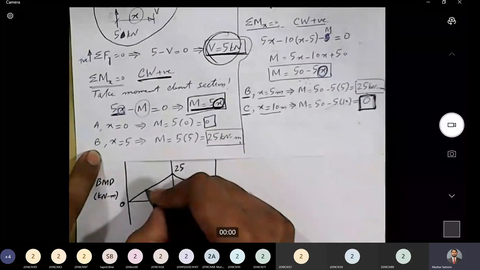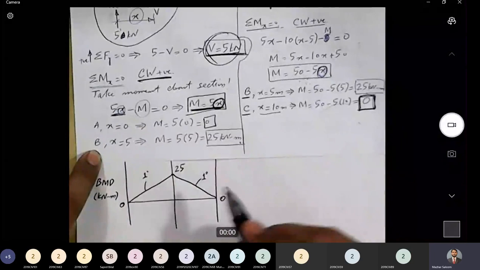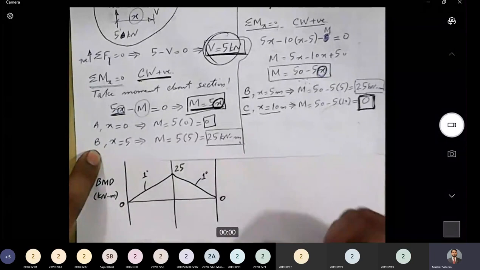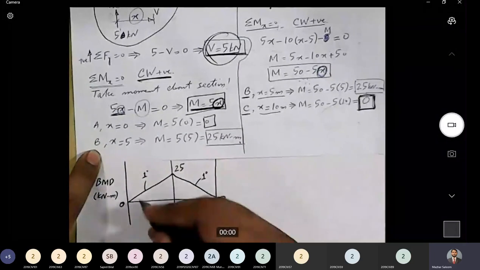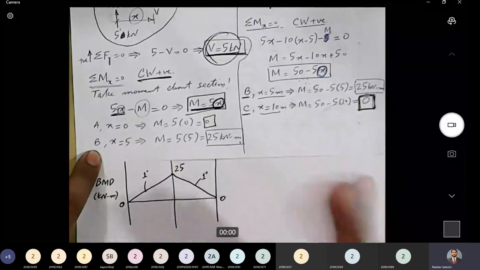So this line is first degree. Similarly, this line is first degree. With straight lines, you do not need to write down the degree. I've just written it for clarity. Although when we will be drawing a curved line, you will have to write down the degree with the curved line, because in some cases we will have a second degree line and in some cases we will have a third degree line.